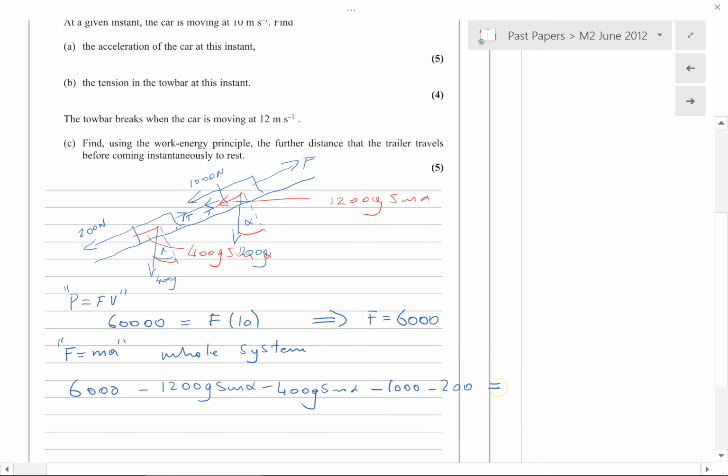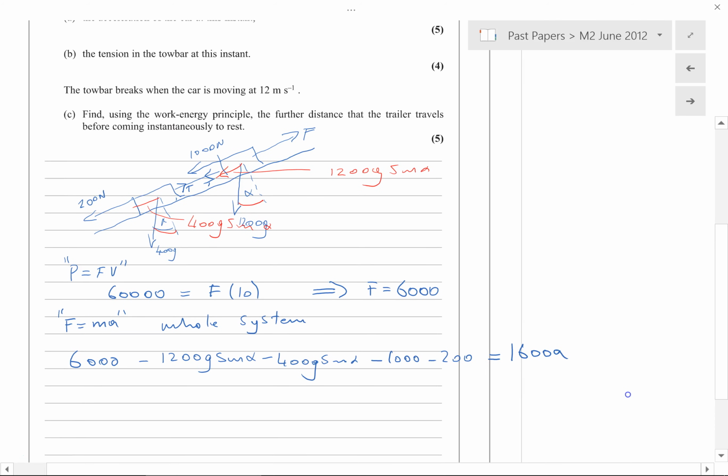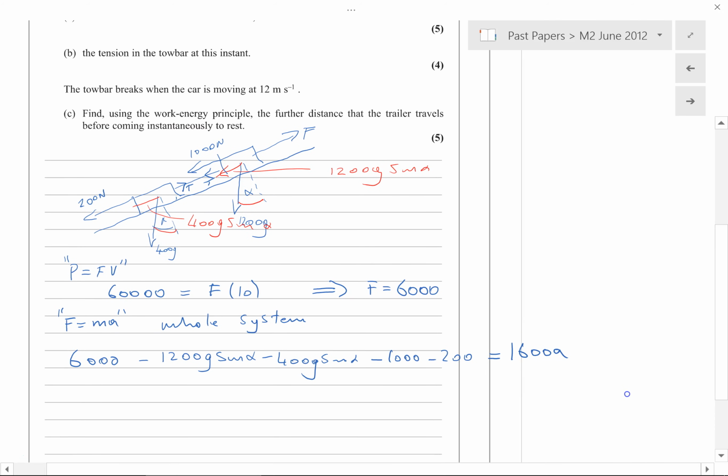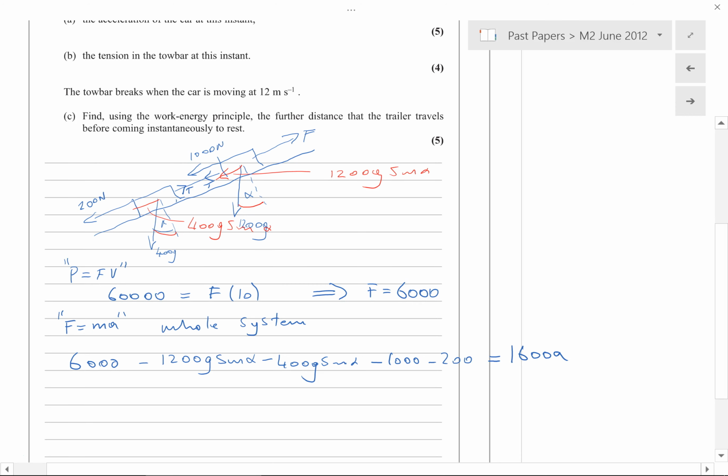Your first line is normally 2 marks, so we really want to make sure that we've got the whole thing correct. So it's better to keep with the correct number of forces, and that's equal to 1,600a because the total mass is 1,600a.